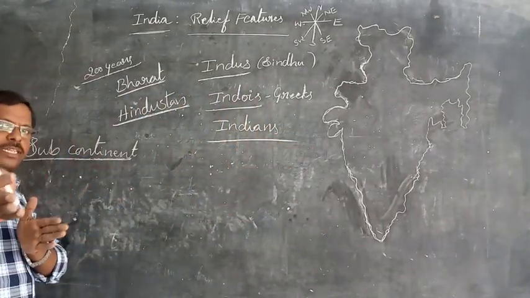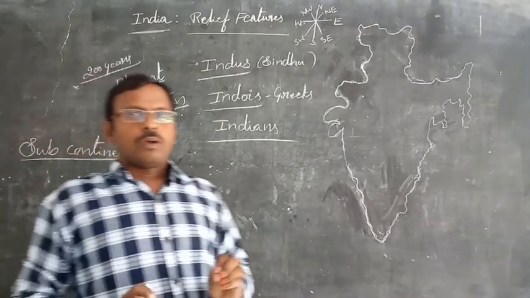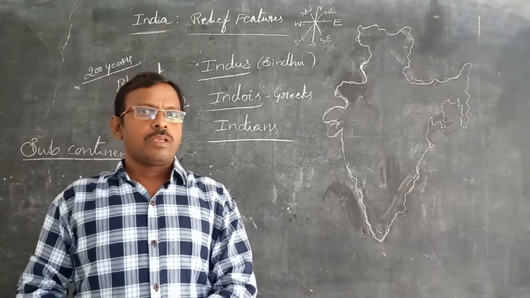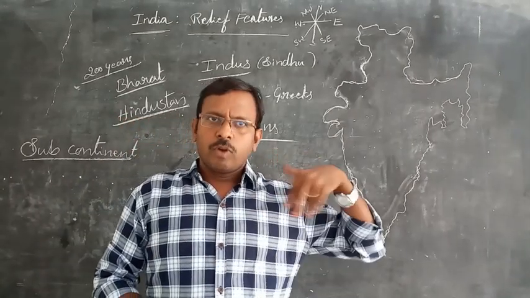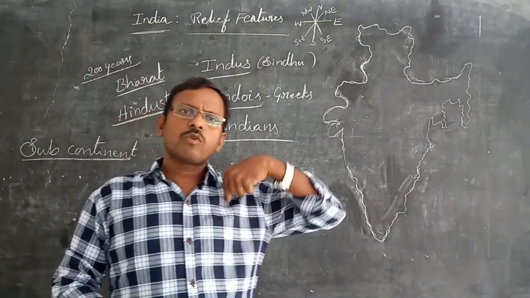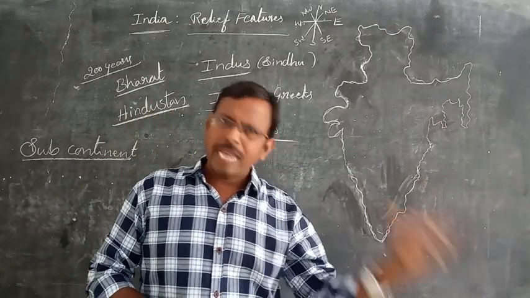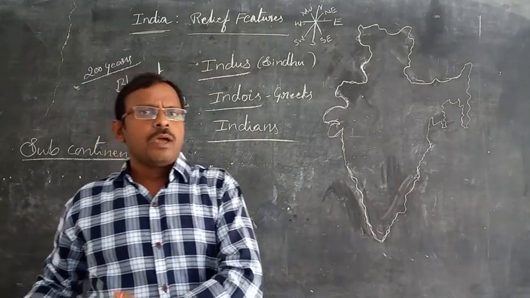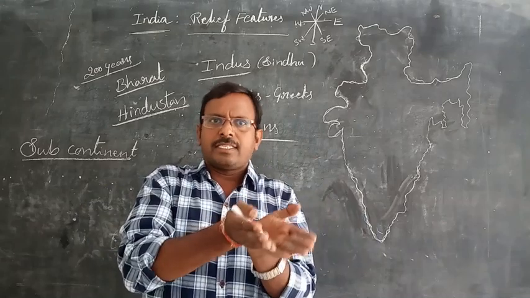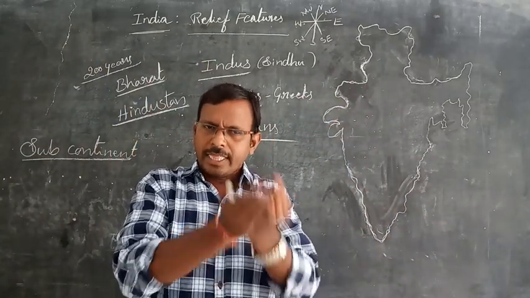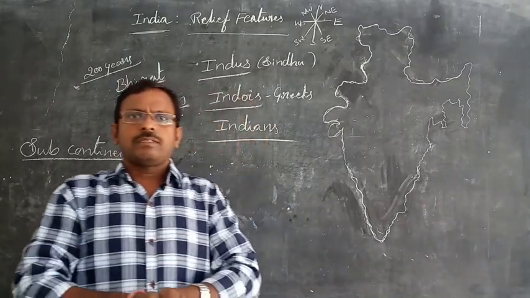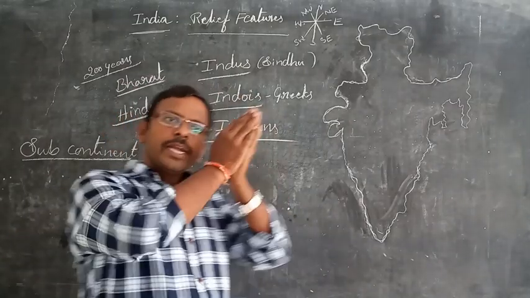In a continent, what are the characters? For example, Prime Minister, Deputy Prime Minister, and the next one, manager, assistant manager. The qualifications the manager has, the same qualifications the deputy manager or assistant manager will have. So, of the things in the total continent, our India has maximum distinctive characters and geographical features.